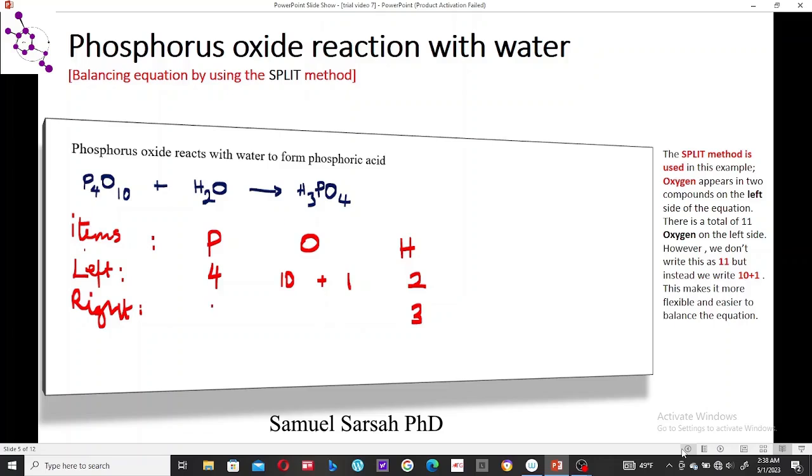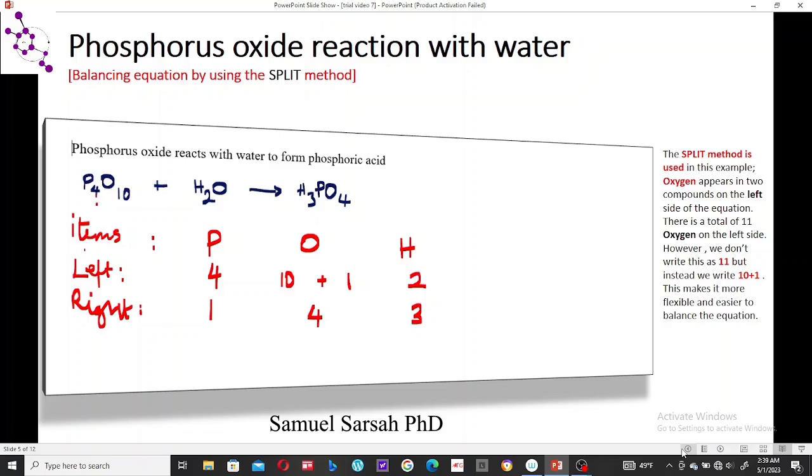Phosphorus we have 1. The oxygens we have 4. So this is not balanced because if you count the number of elements on left and right, they are not equal. So let's try and balance them.